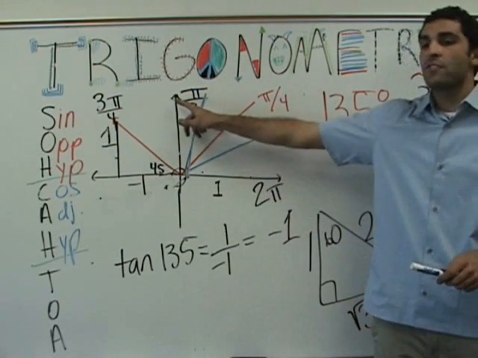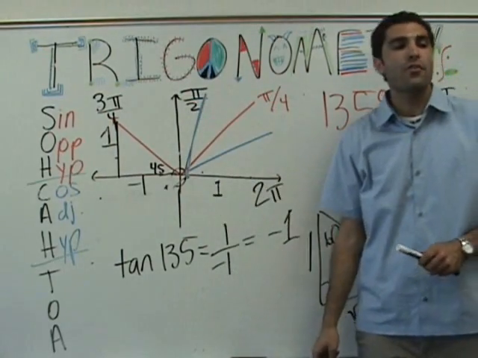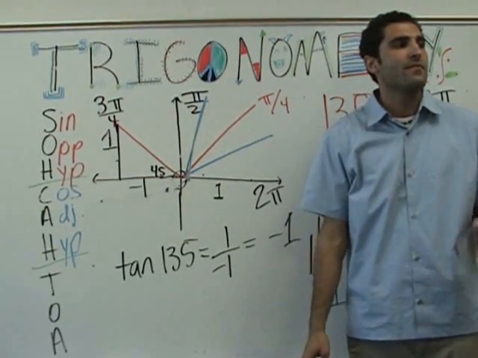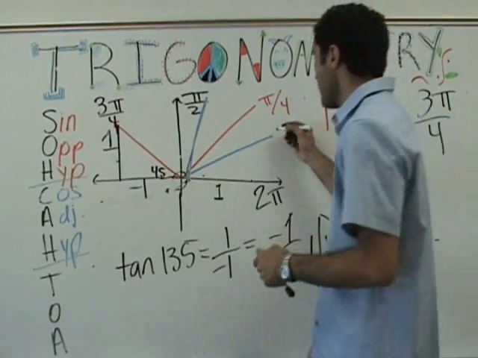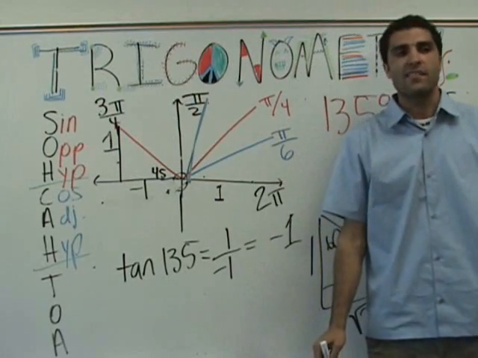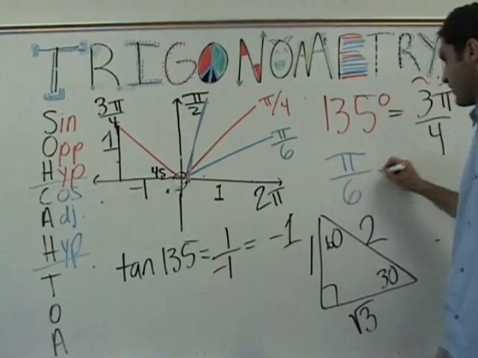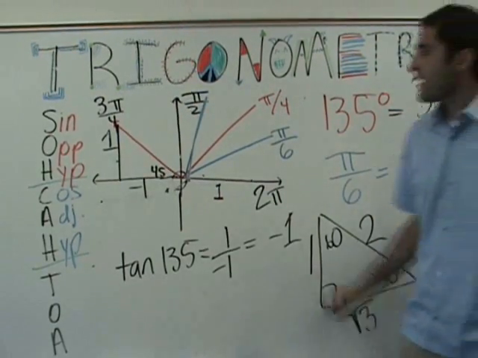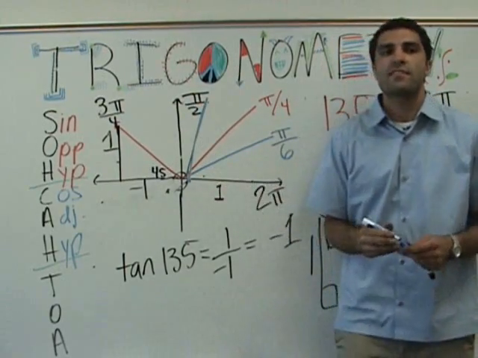If this is pi over 2 and this is a third of it, what's a third of half? Pi over 6. Pi over 6 equals 30 degrees. So that's 30, then we did 45, now 60 degrees.